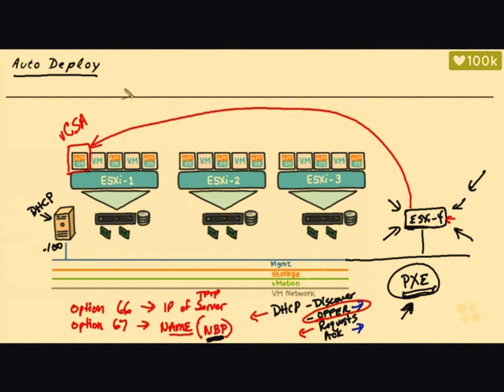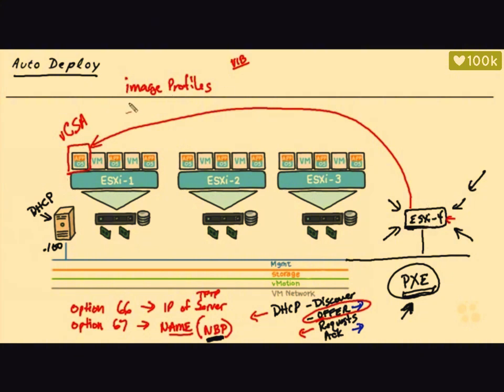For example, we could have several image profiles that have different versions of the ESXi software, as well as various add-ins. Maybe we have a special driver for the storage provider or some other software that's part of a provided vSphere installation bundle, a VIB. And the vCenter server appliance needs to know which image profile to use before it just streams one down to the ESXi host so it can go ahead and load from it.